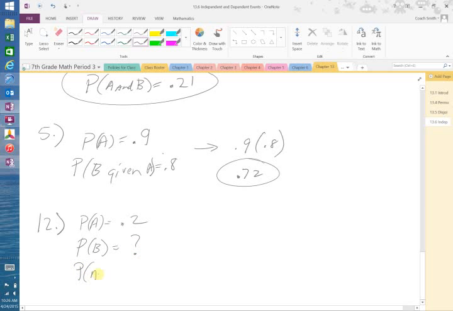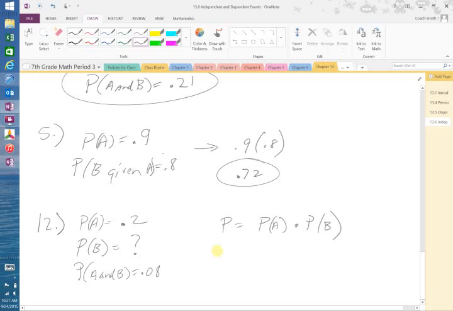Probability of A and B equals 0.08. So I have to figure out what is missing. Well, our probability formula is this: the probability of A and B equals the probability of A times the probability of B.